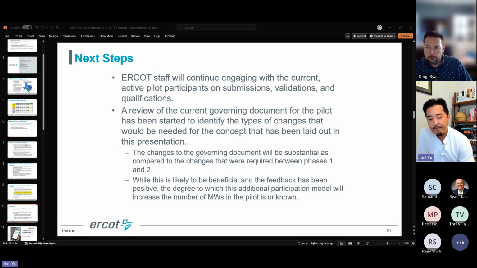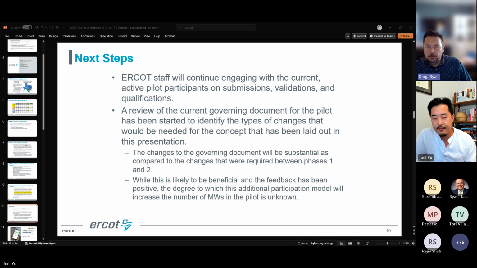And as a part 2 of the question, to what extent does the focus on the blocky load effort restrict ERCOT's ability to possibly work in parallel on other ADER improvement issues in the near term?